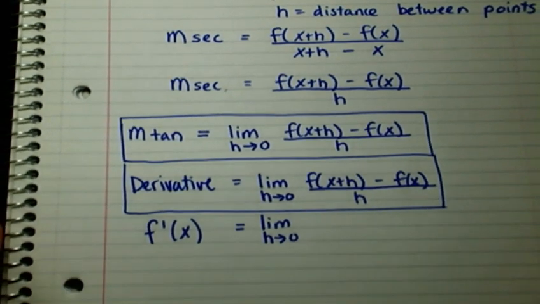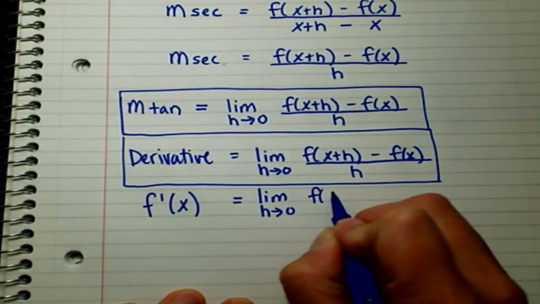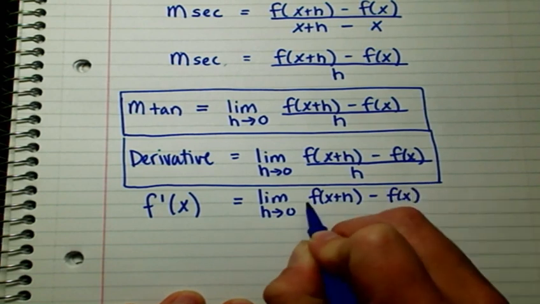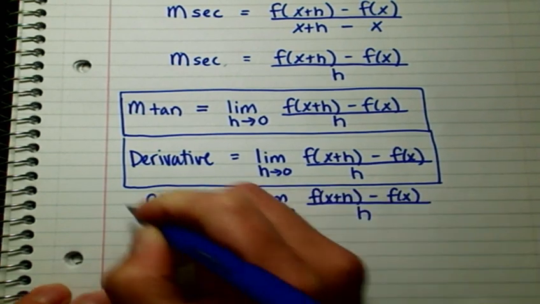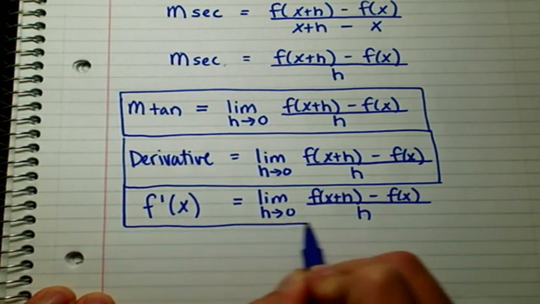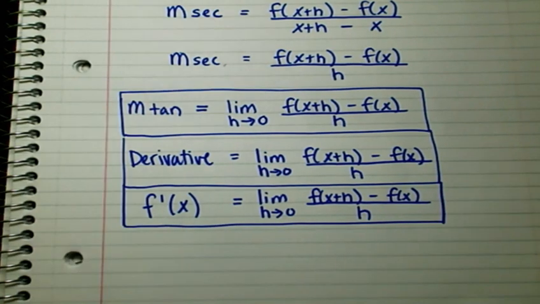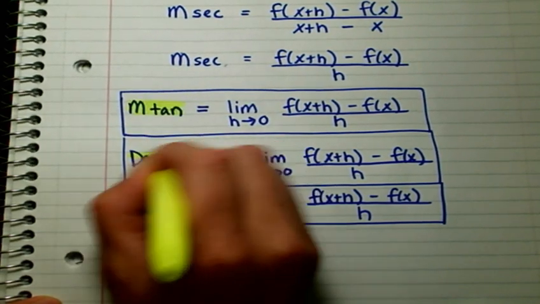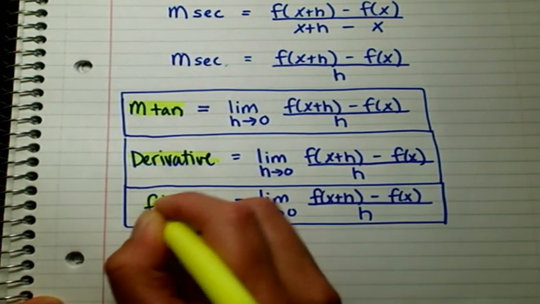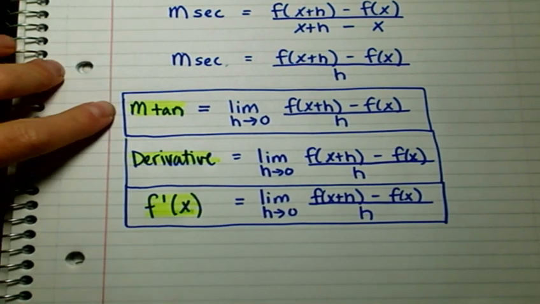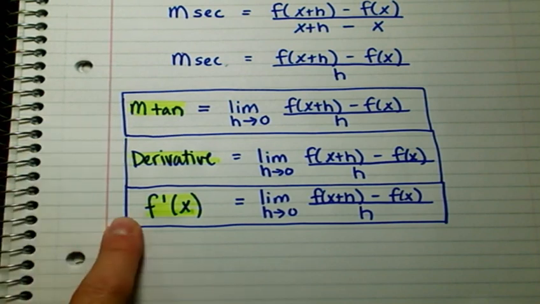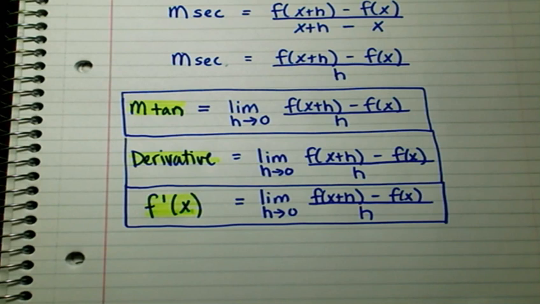F of x plus h minus f of x all over h. Okay, so these three words are all interchangeable, right? I could say find tangent slope. What is the derivative? What is f prime of x? They all mean to find the same thing.